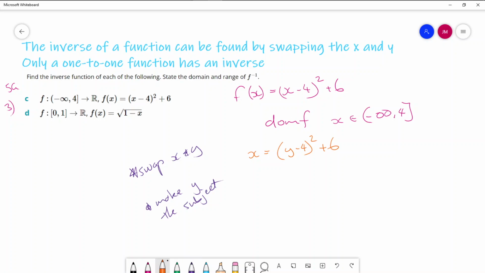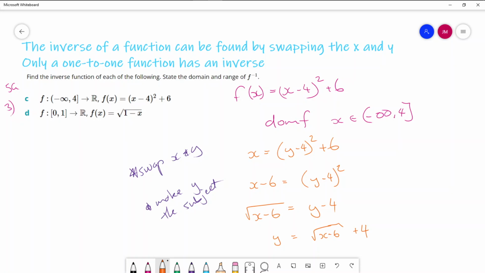So when we say make the subject, we're trying to get y by itself. So I'm going to move the 6 over. I'll get x minus 6 equals y minus 4 squared, so then I'm going to have the square root of x minus 6 equals y minus 4, and then going to plus that over, so I can have y equals root x minus 6 plus the 4.